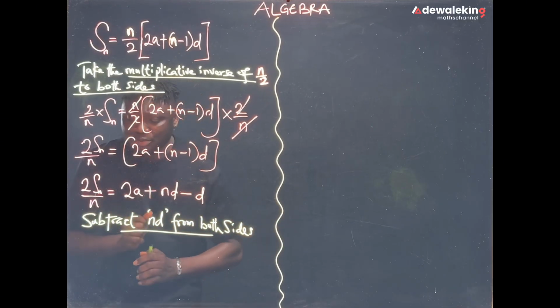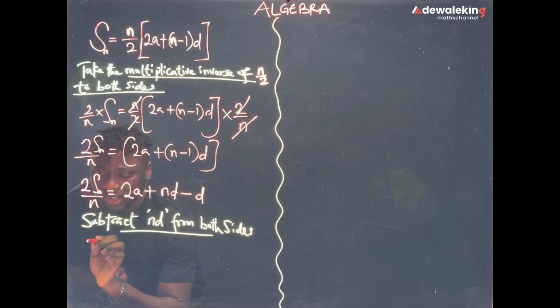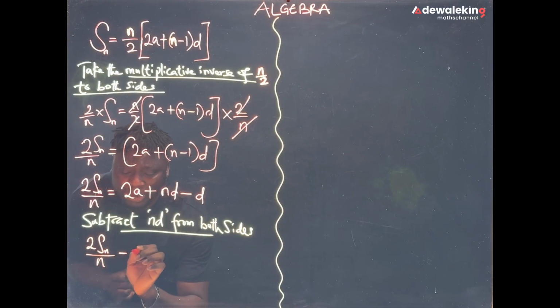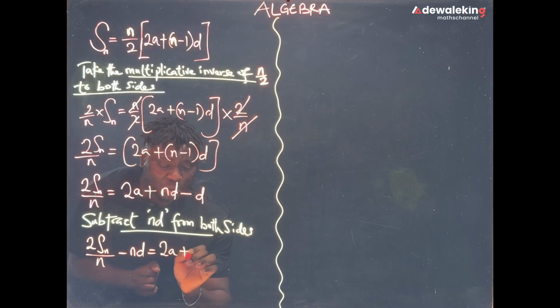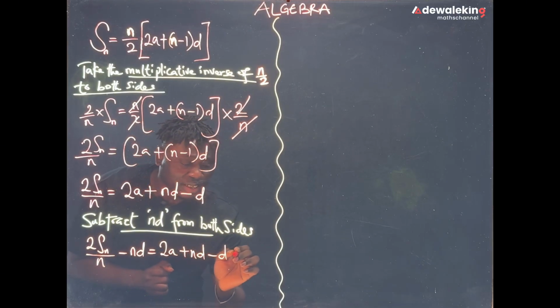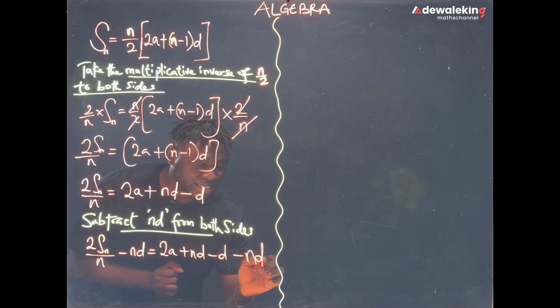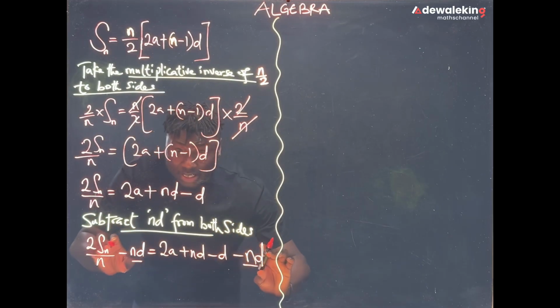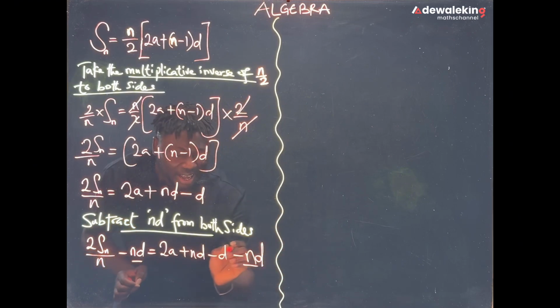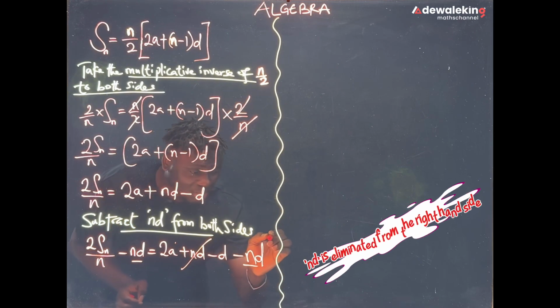So to subtract nd from both sides, it goes this way: 2S subscript n over n minus nd, which is equal to 2a plus nd minus d minus nd. So nd is subtracted from both sides, and this nd cancels this nd.